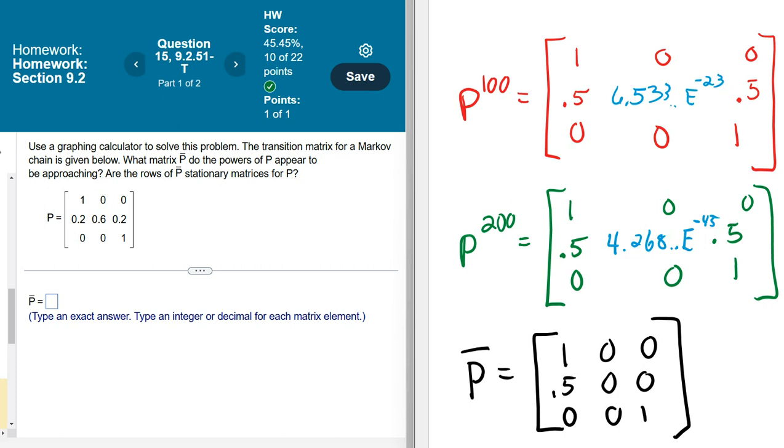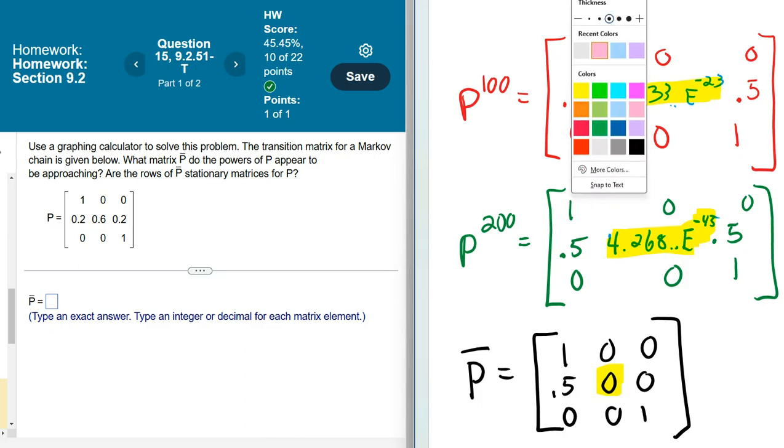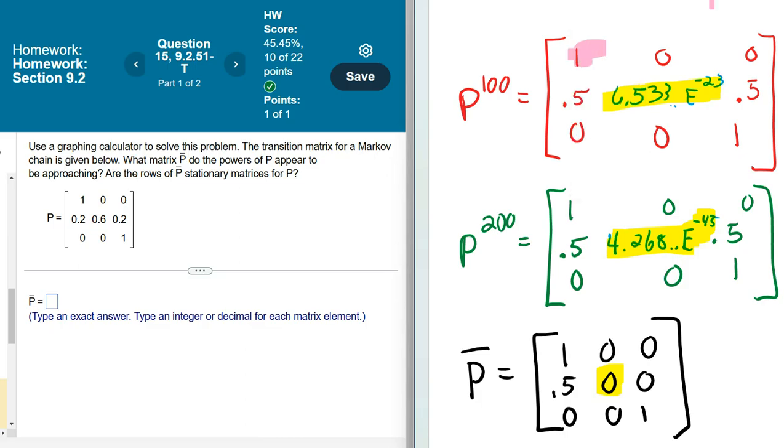It is appearing to approach, because that's what it says. What limiting matrix P do the powers of P appear to be approaching? And so every number is the same except for this one. In both of these matrices, it's getting closer and closer to 0. So every other number, if I highlight those in a different color, you've got 1, 0, 0, 0.5, 0, 0.5, 0, 0, 1.